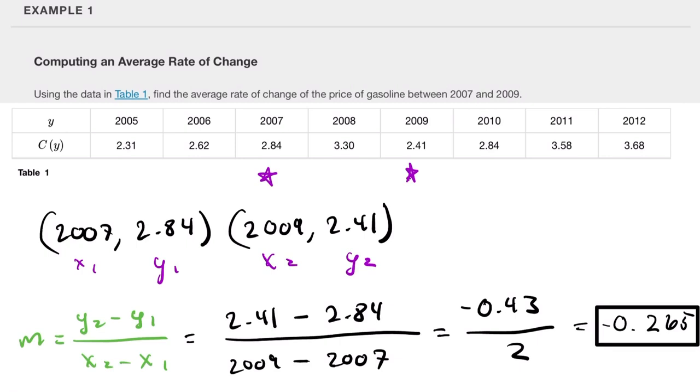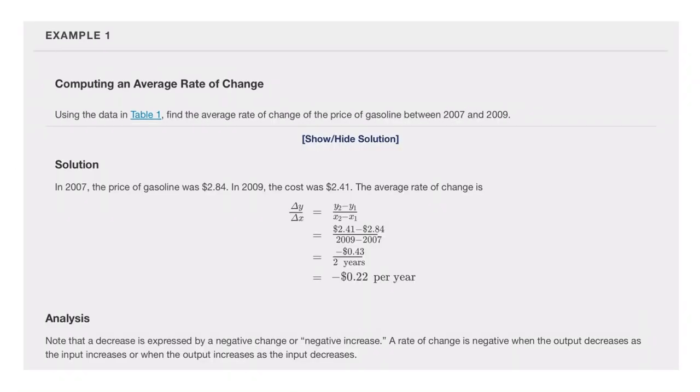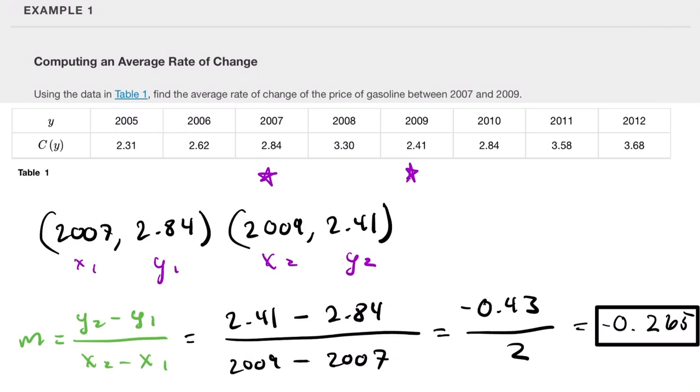Let me see. Siri, what's 0.43 divided by 2? 0.43 divided by 2 is 0.215. Okay, so I did my long division improperly.